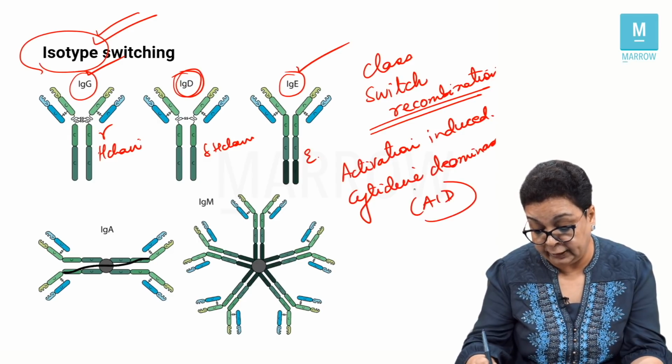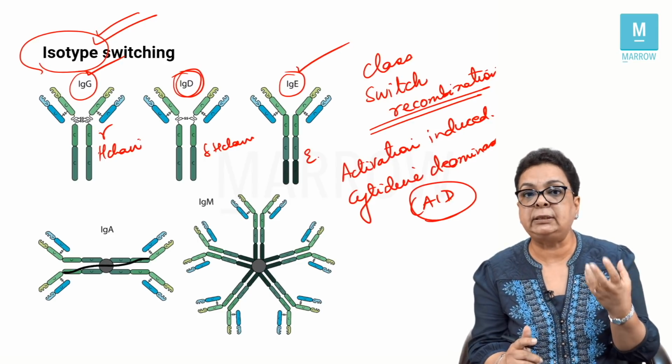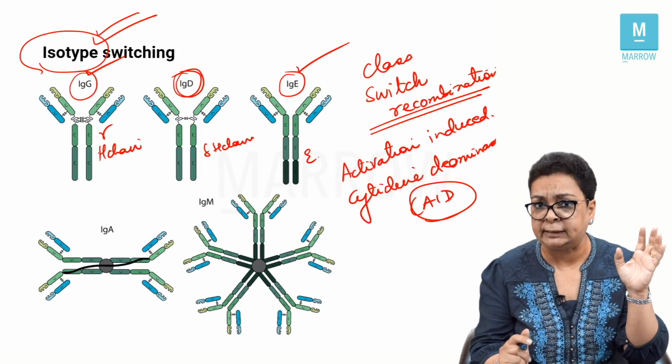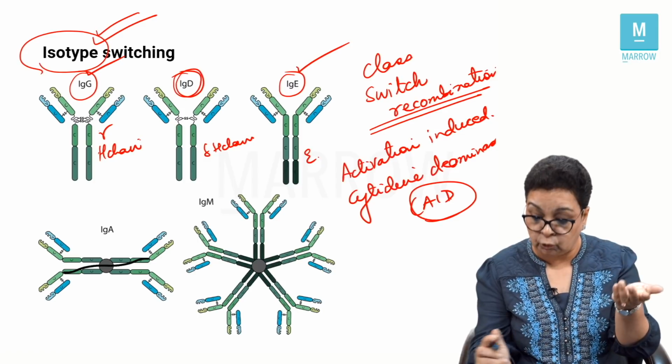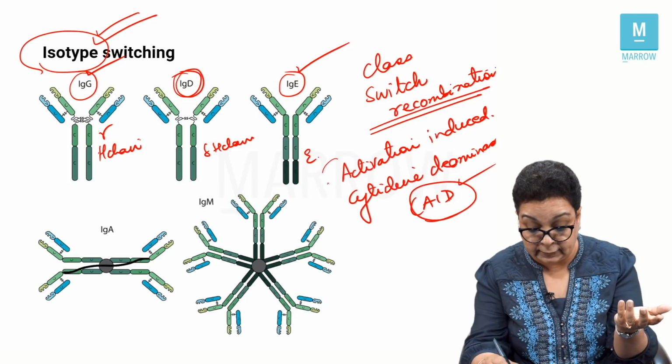So any defect in this enzyme, a mutation in the gene for this enzyme, means the B cell is going to only secrete IgM antibodies. Ever heard of hyper IgM syndrome? That is because probably one of the causes could be a gene mutation in this enzyme.